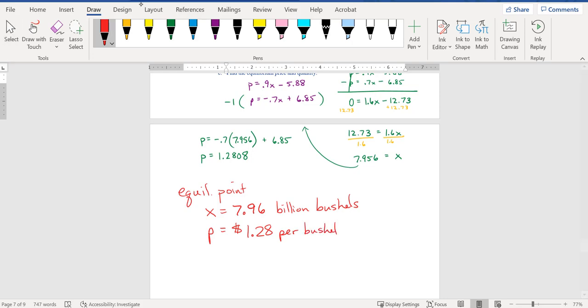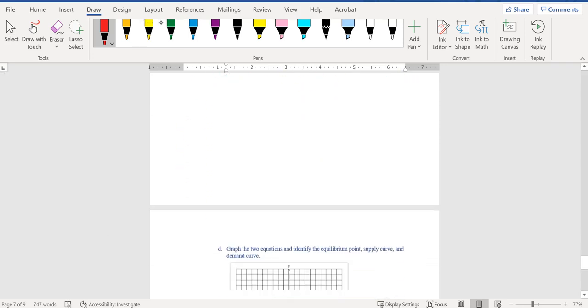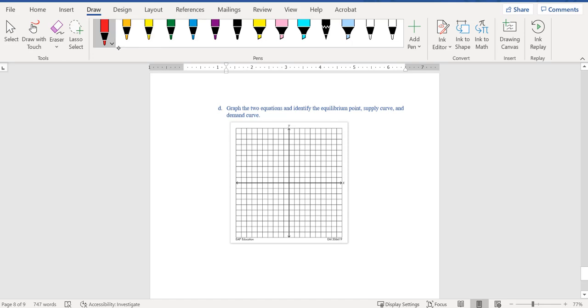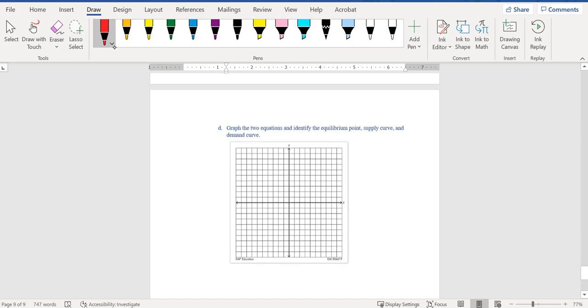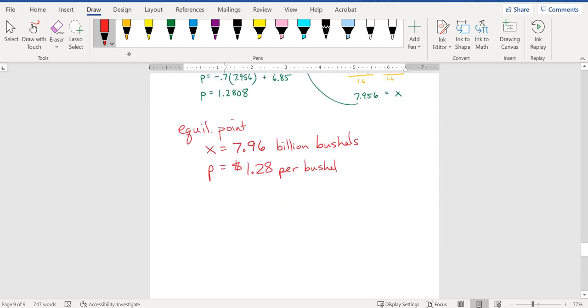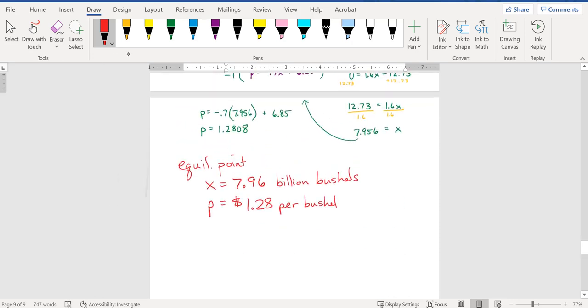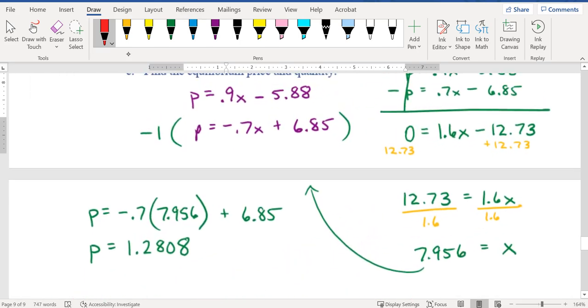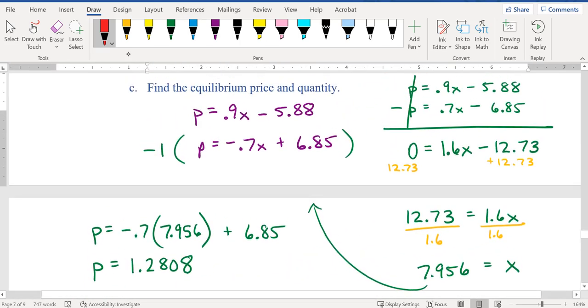The last thing to do is to graph the two equations and identify the equilibrium point, supply curve and demand curve. I'm going to go do this on the calculator. So I'm going to go graph those two equations there in purple. So here goes.